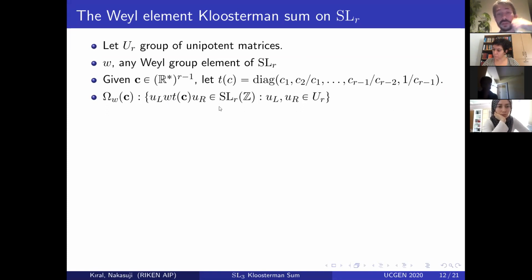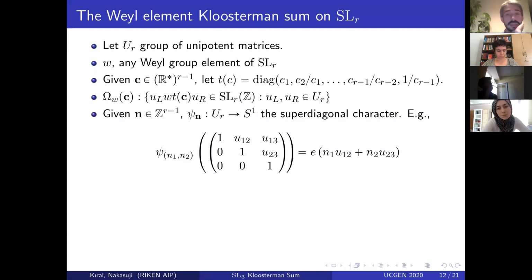This is the double coset of matrices where the left unipotent and the right unipotent vary over all unipotents in Q actually. So this would be not URZ, just URQ, rationals.